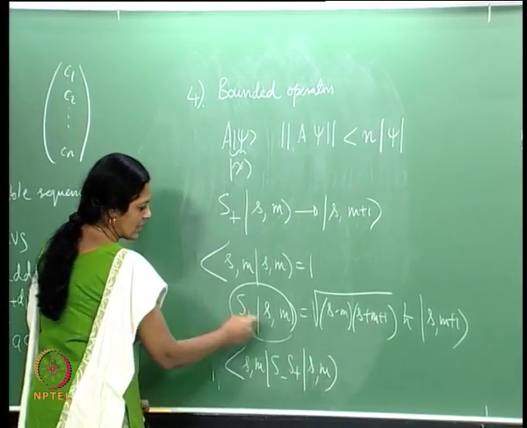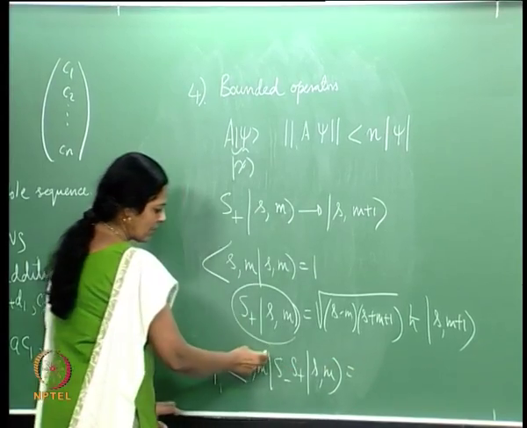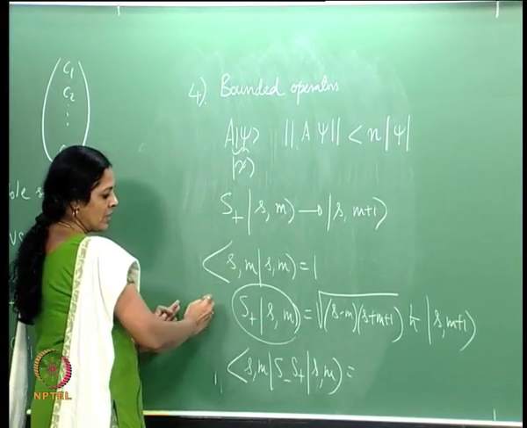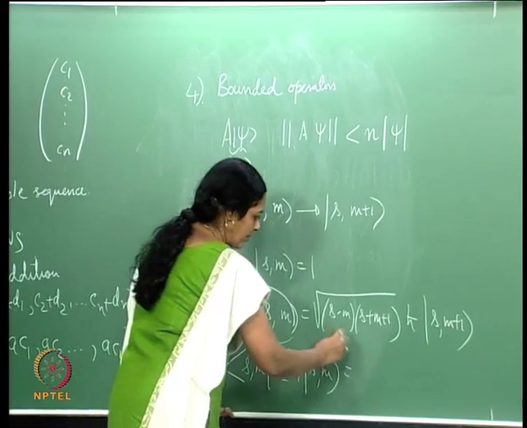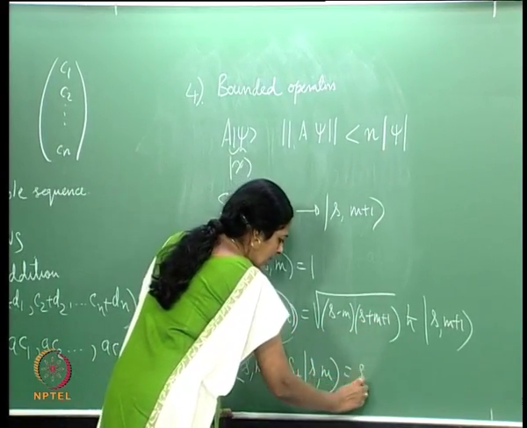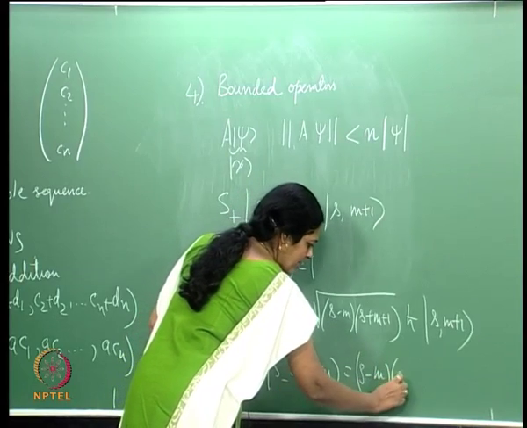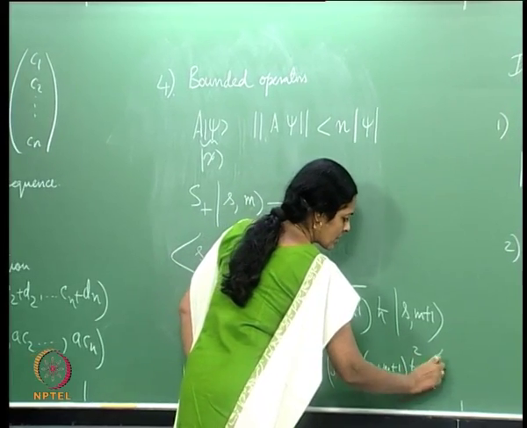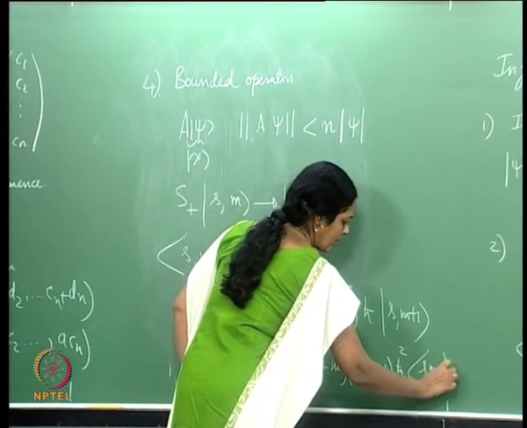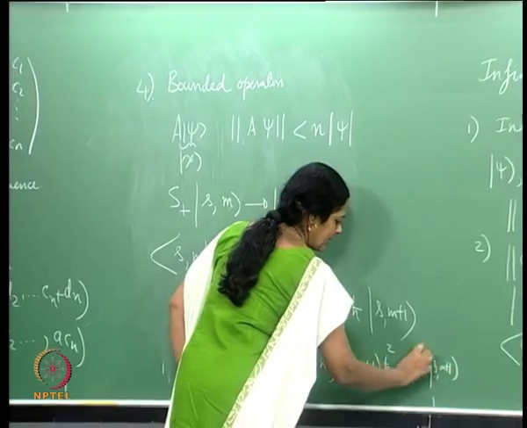Where S minus is the dagger of S plus, which is what I will have when I take the Hermitian conjugate of the state S plus Sm. That gives me S minus m times S plus m plus 1 h cross squared. And then of course Sm plus 1 with Sm plus 1, and this was 1.